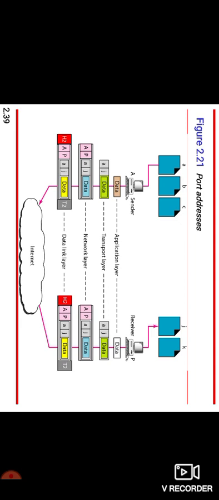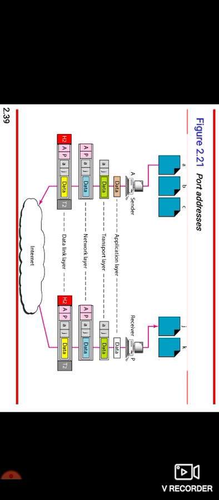At the application layer there is only the data A wants to send. Then at the transport layer, it adds the port addresses: the sending port address is a and the receiving port address is j. Then at the network layer, the logical addresses are added: A is the sending logical address and P is the receiving logical address.